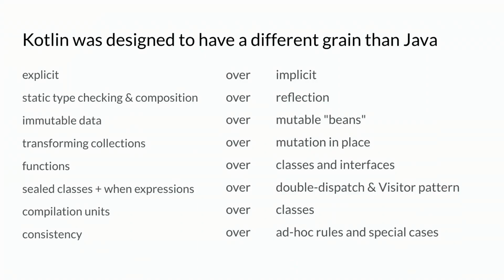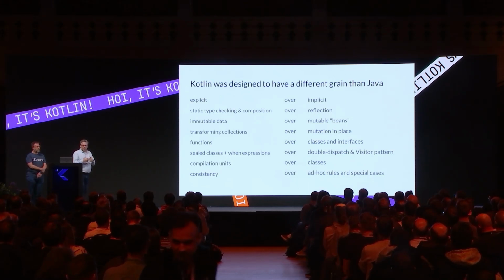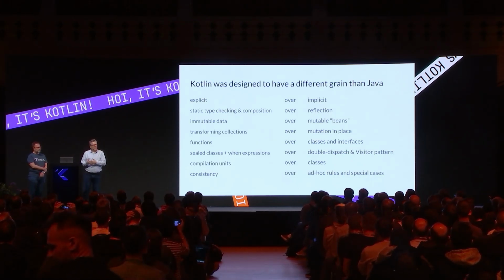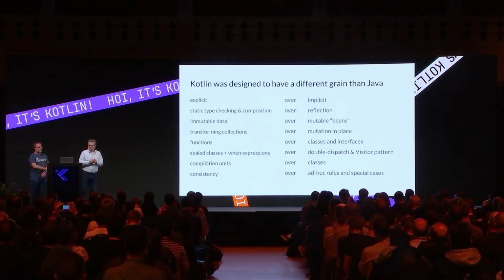So the designers of Kotlin clearly had a grain in mind when they produced the first version. And that grain was clearly influenced by, but different from, Java. They had to walk a tightrope between Java compatibility, because they were targeting the JVM and Java programmers, but also addressing what were seen as the most challenging aspects of Java programming and the common programming style.